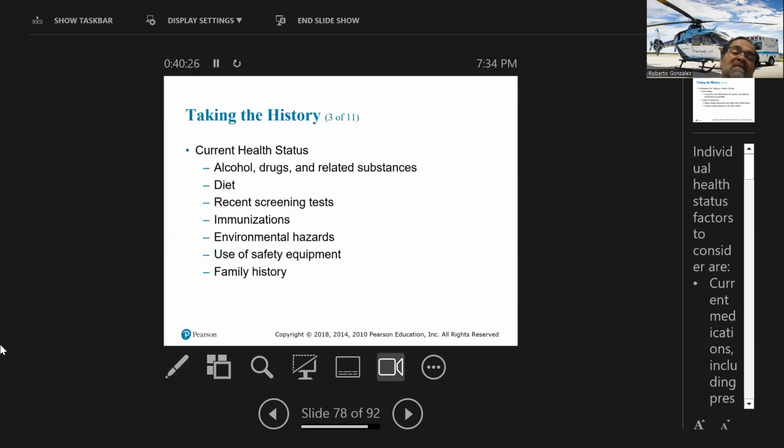Current health status: find out if they're taking any alcohol, drugs, and related substances, if they're on a diet recently. Recent screening tests, diet, immunizations, environmental hazards, use of safety equipment, and family history.